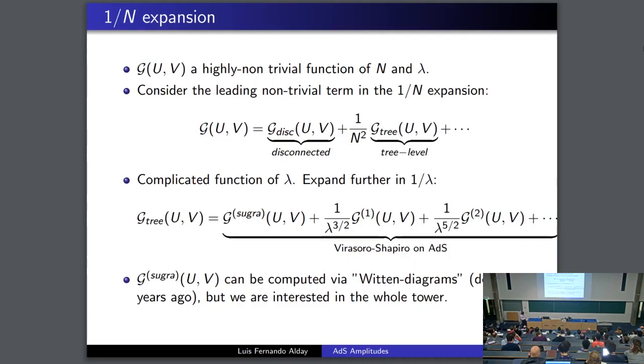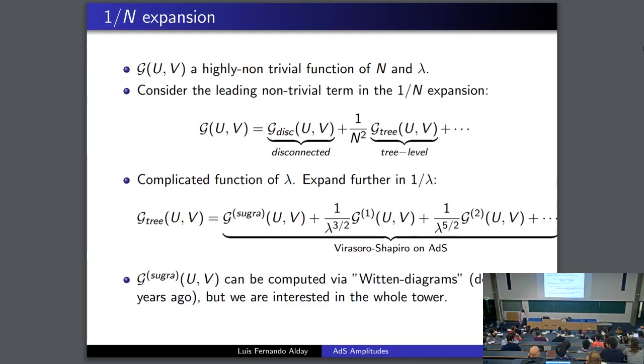Now, this is still very complicated, and we don't know this function, so something that we could do is to compute this in a further 1 over lambda expansion. So for instance, if lambda is very large, we get what we call the supergravity contribution, and the supergravity contribution was computed more than 20 years ago, but we are interested in this whole tower of 1 over lambda contributions.